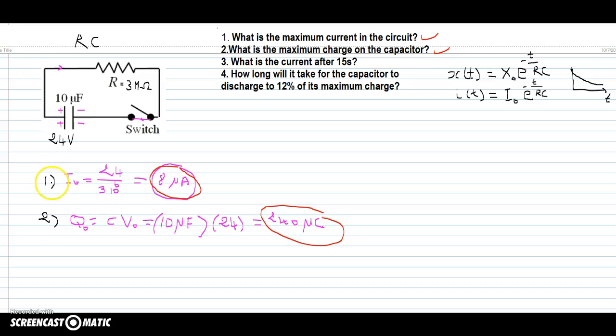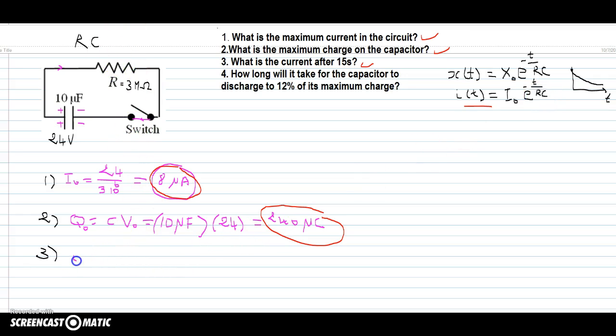Let's do number 3 now. Number 3. So we're done with this here. Okay, number 3. What is the current after 15 seconds? Since I'm talking about the current, I'm going to use this equation. If it was about the voltage, then I put V is V0 exponent so forth. So let's do the current.